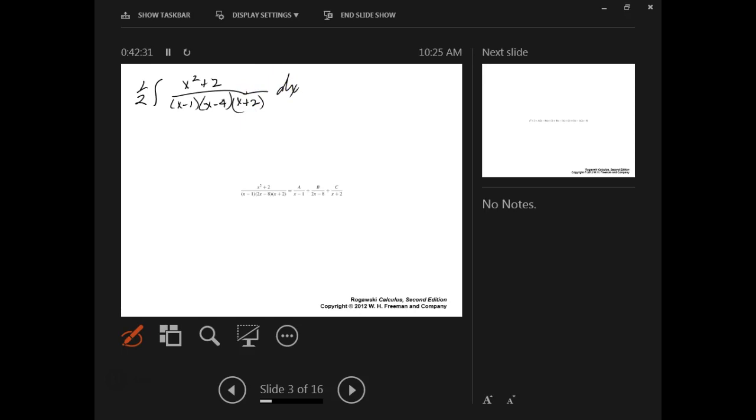Now, I should have been saying this. I think of it every time, but then by the time I get to the point in the problem, I forget to say it. If you'll notice this, example 1, you just had 1 over x squared. Obviously a proper rational expression. This one, and the one we did earlier, that 5x squared minus x over x plus 1 times x minus 2 times x minus 3.